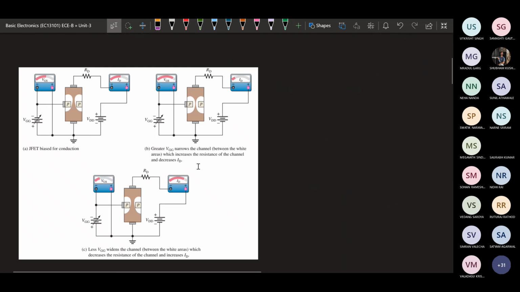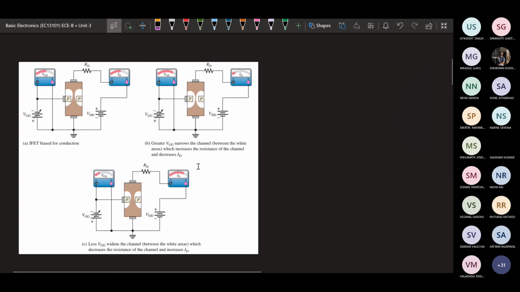We will start with how the gate voltage affects the channel width. From here we can see the JFET is biased for conduction, so the gate to source voltage is a reverse bias voltage, and the drain to source voltage is applied at a constant VDS.